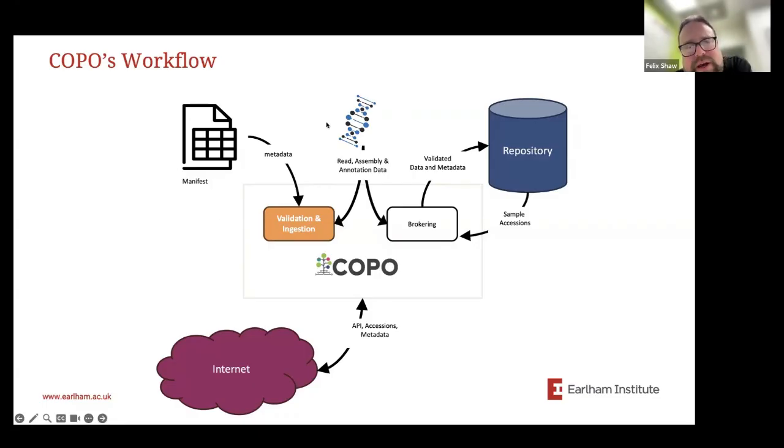The user will fill out the manifest and upload this into COPO, and each row of the manifest will reference a particular data file or files. Crucially, this then gets validated, and this tends to be an iterative process where we validate for lots of things such as data types, missing data, defined vocabularies, whether or not dates are in the correct format.